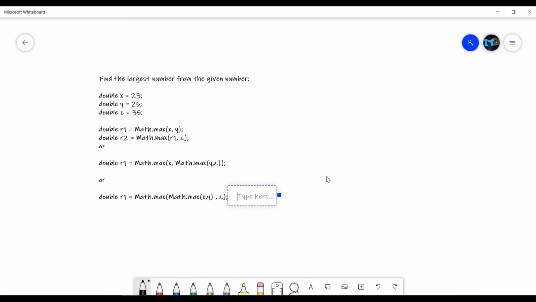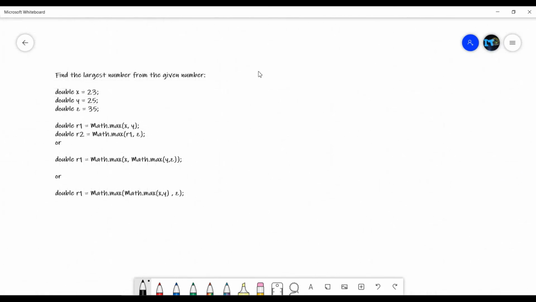Similarly, let's do another question. Find the smallest number between four numbers.